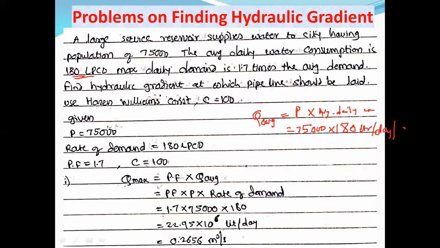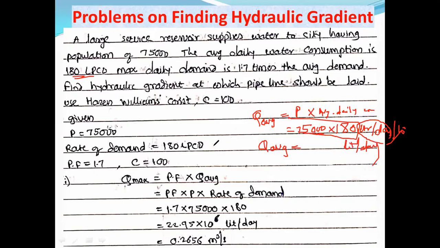Per head gets cancelled with the population, and you get the unit as liters per day. That is the discharge. So this is Q average, the product in terms of liters per day.